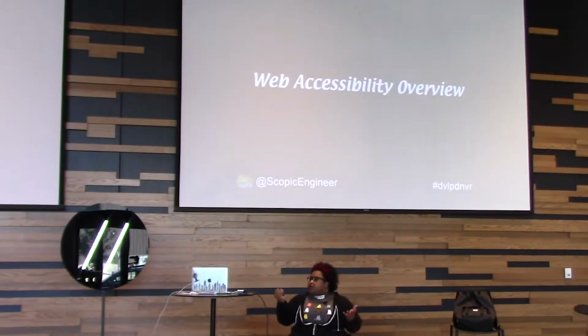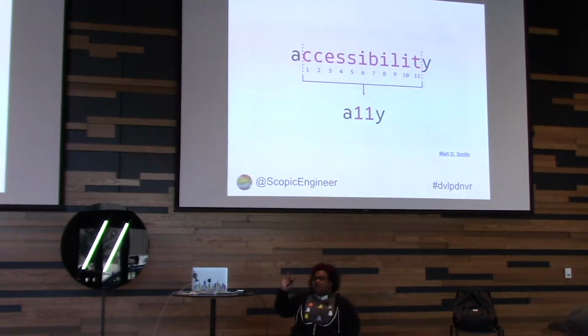So here's a web accessibility overview. I just wanted to start off because this is something people tend to ask, either online or in person: what does a11y mean? You'll see that a lot when people talk about accessibility, especially on Twitter or social media. A11y is just a way to shorten accessibility.